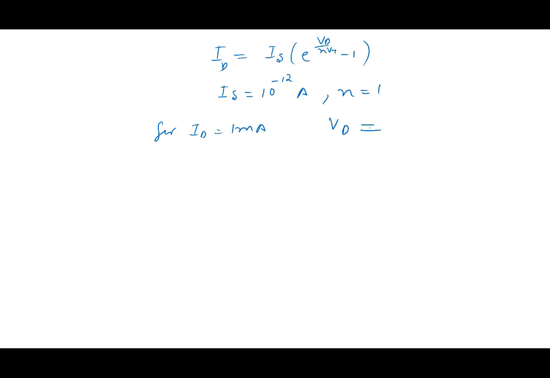It would be straightforward. VD equals VT into ln of 1 plus ID by IS, right? What value does it give me? VT is 26 millivolt, into ln, 1 I can neglect.